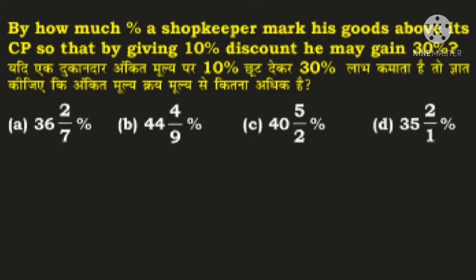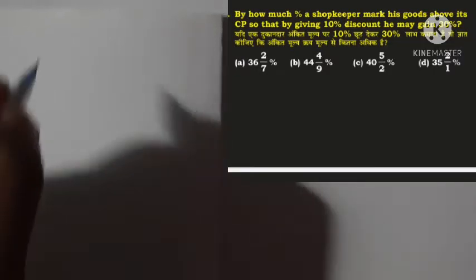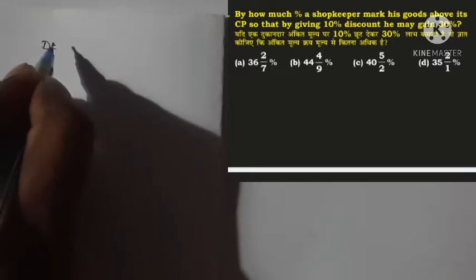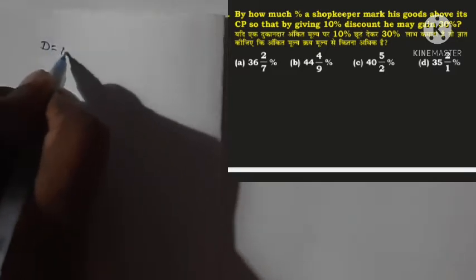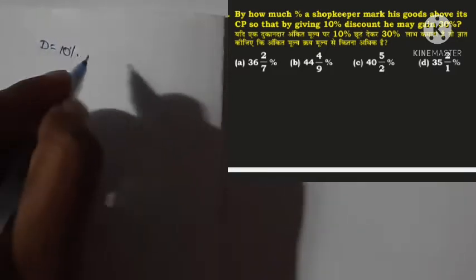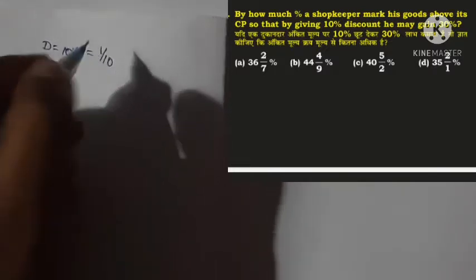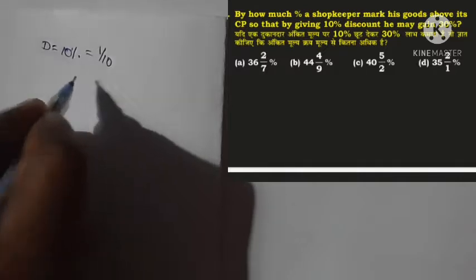By what percentage does a shopkeeper mark his goods above its CP so that by giving a 10% discount he may gain 30%? Here the discount is equal to 10%. So 10% can be written as 1 by 10.